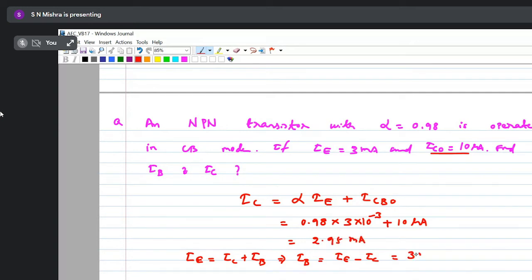So 3 milliampere minus 2.95 milliampere. So IB is always represented in microampere. So 0.05 means 50 microampere. So this is the value of IB. This is IC.